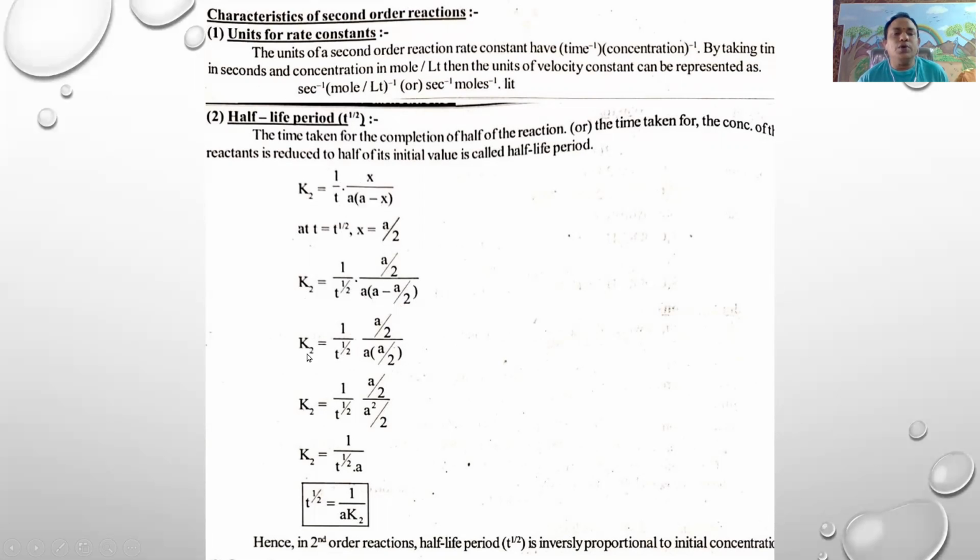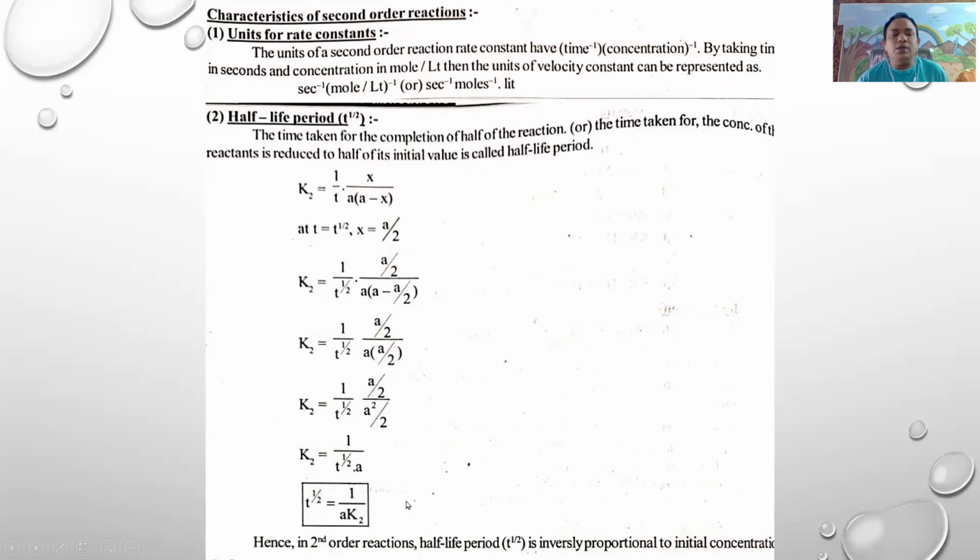That implies K2 equal to 1 by t-half into (a by 2) by a into (a by 2). Means here K2 equal to 1 by t-half into a, or t-half equal to 1 by K2 a. It is the relation between the half-life period and the second order rate constant.